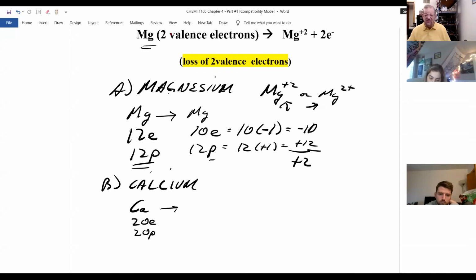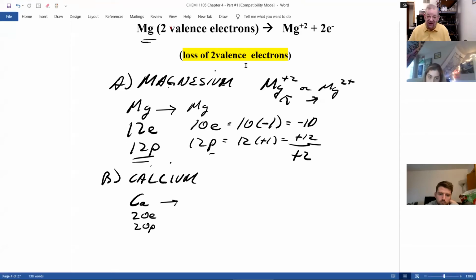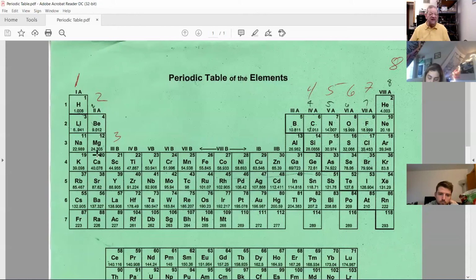Now it wants to go to the nearest noble gas that's based numerically on the atomic number. So here I am at calcium at 20. I go to krypton at 36, that's 16 away numerically, or I have calcium at 20 and argon is 18, only 2 away, which is smaller, 2 or 16.